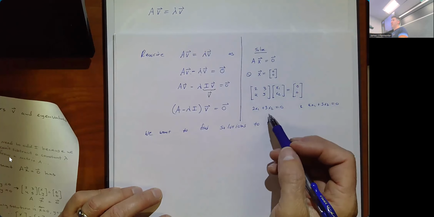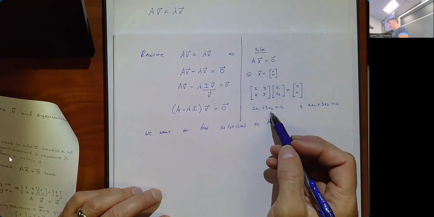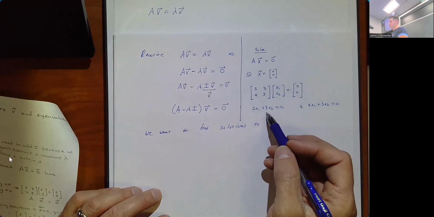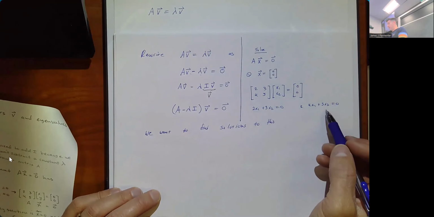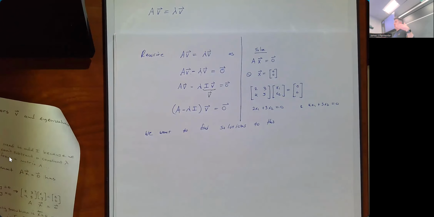This is a line that goes through the origin with a slope of negative 2/3. And this is a line that goes through the origin with a slope of negative 4/5. And lines that have different slopes that go through the origin only intersect at the origin. So sometimes you solve this and your only solution is (0, 0), which is a bummer.